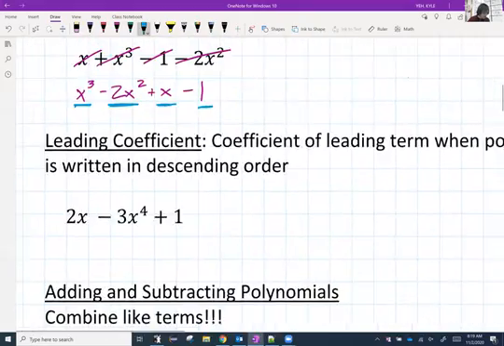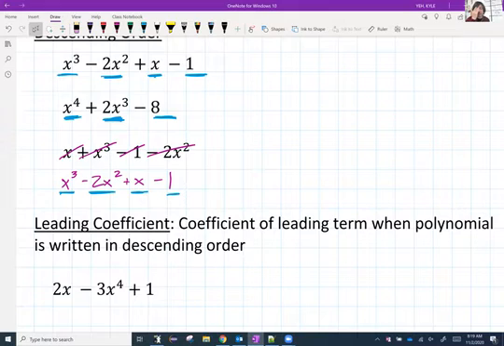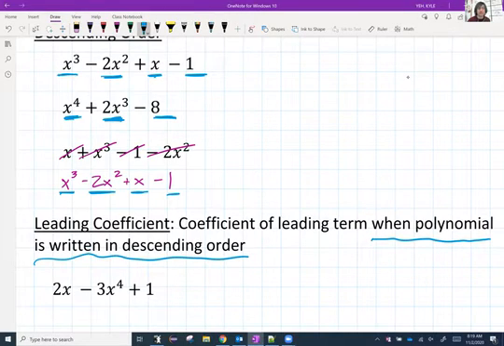All right, last bit of vocab is just what is the leading coefficient? The leading coefficient is the coefficient of the leading term, the first term we see in the polynomial when the polynomial is written in descending order, and that's important. It's the coefficient, the number in front of the highest degree term.